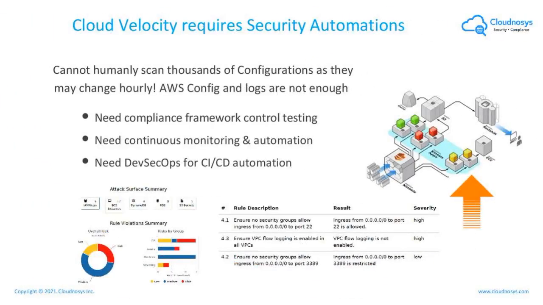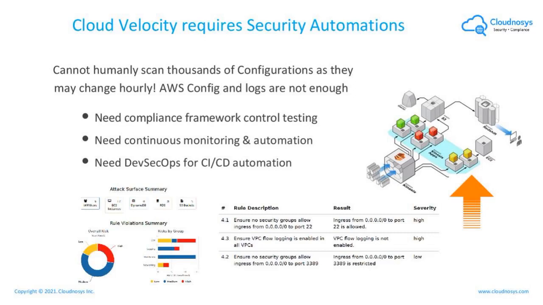So cloud has agility, right? It has velocity. So that in itself, because hundreds of components are running at the same time from a services standpoint, and each service may have anywhere from 5 to 25 to 30 controls. So how do you, as a human, physically go through and check all these things and be able to give assurance every hour on the hour, which is not humanly possible.